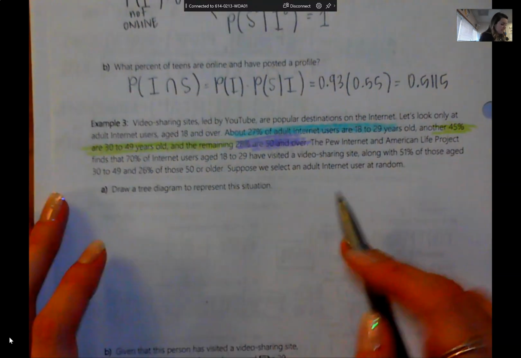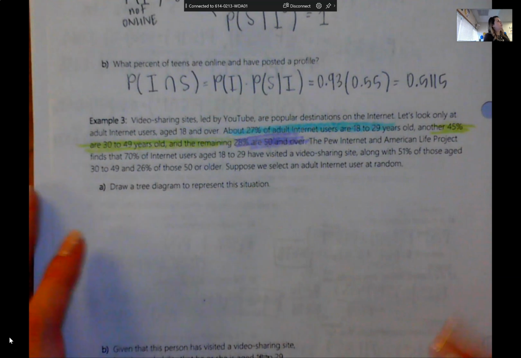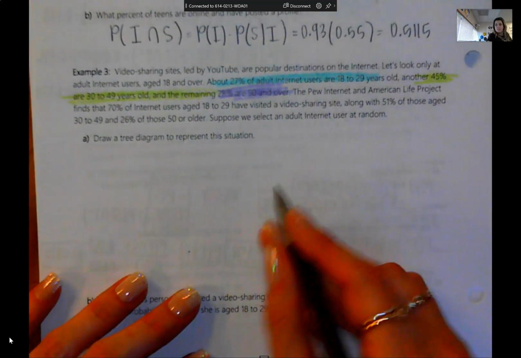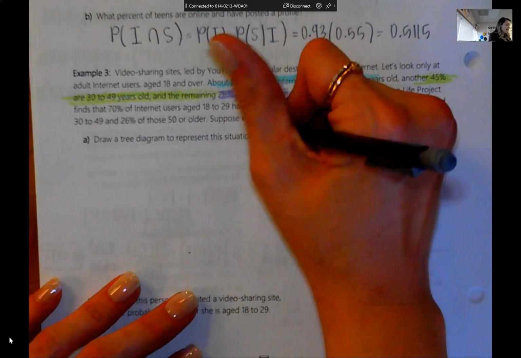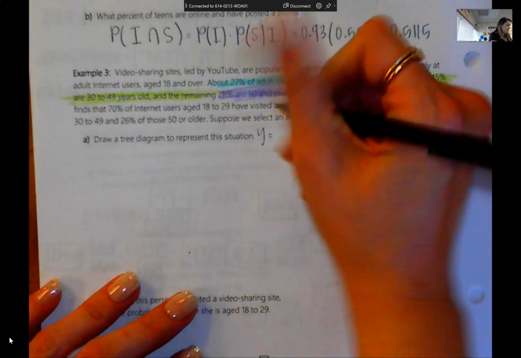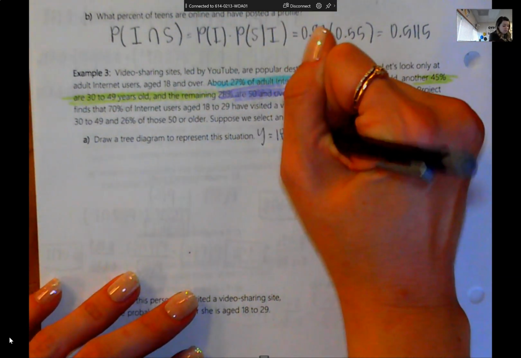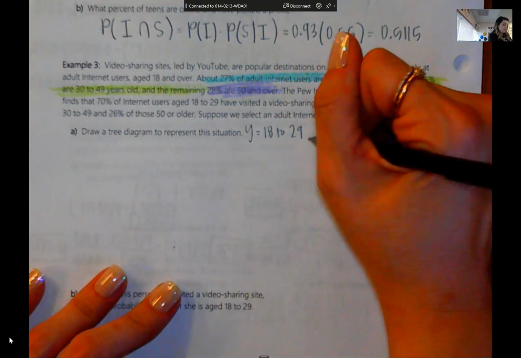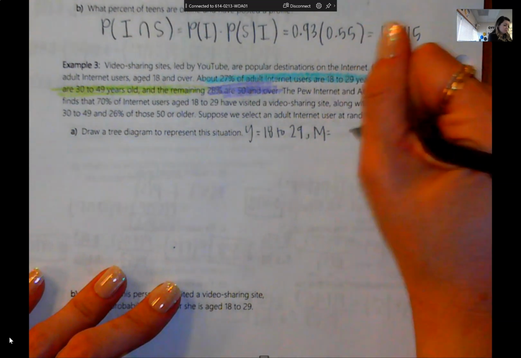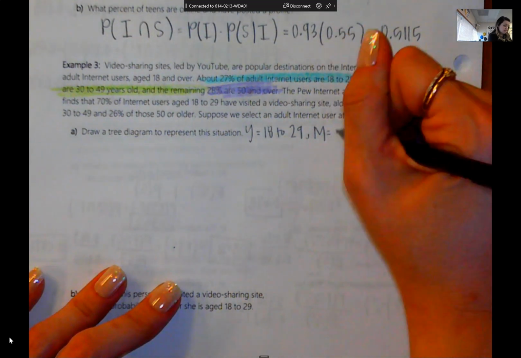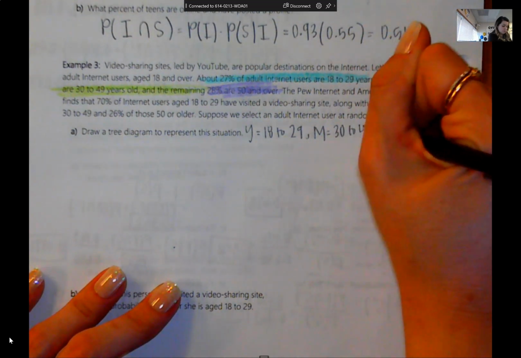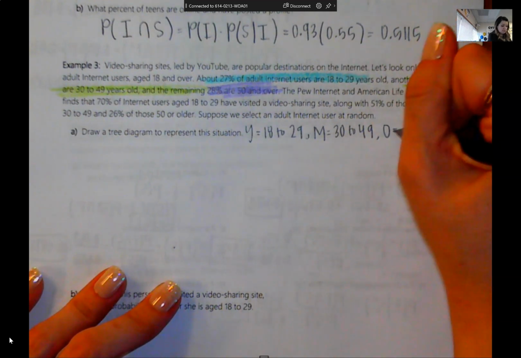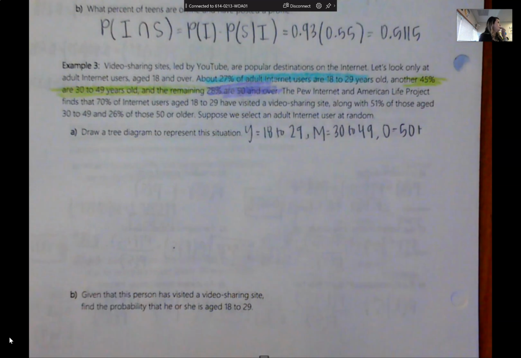Okay, then it's going to give us more percentages. So I'm thinking at this point, I'm going to have a young group that's 18 to 29. So I'm going to call that Y for my young group. And then I have a middle-aged group that's 30 to 49. And then finally, I have the oldies, which is 50 plus.